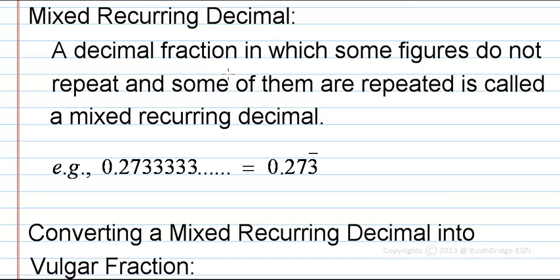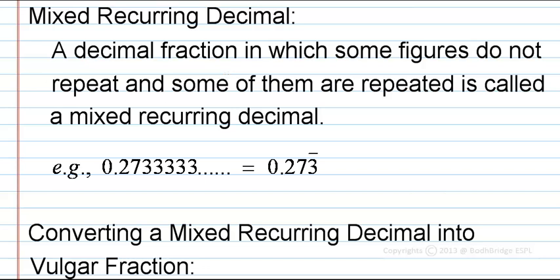We have two important recurring decimals, that is pure and mixed. Mixed means a decimal fraction in which some figures do not repeat and some of them are repeated is called a mixed recurring decimal. See, here you have an example, 0.273333. Here the value 3 only is being repeated, not 27.